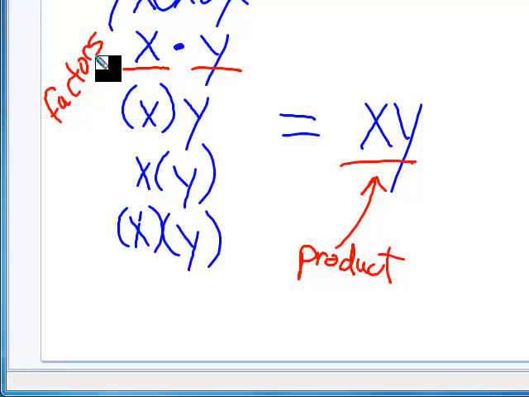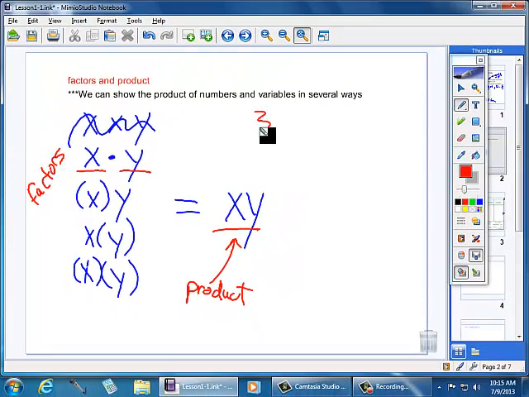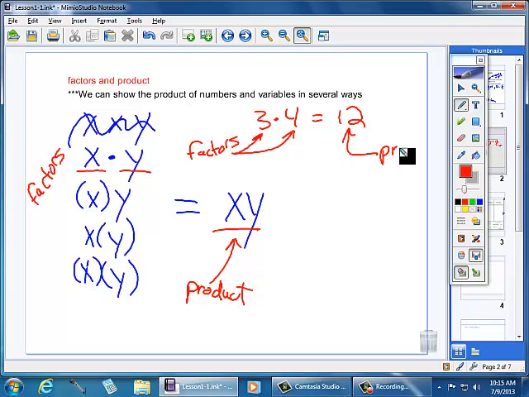Often our factors will divide into this number. Okay, let's do something that looks maybe a little more familiar. 3 times 4 equals 12. Where 3 and 4 are my factors, and 12 is my product of those two factors. Make sense? Good.